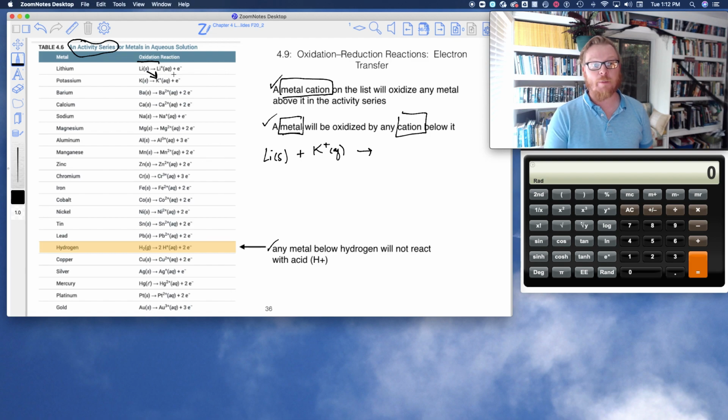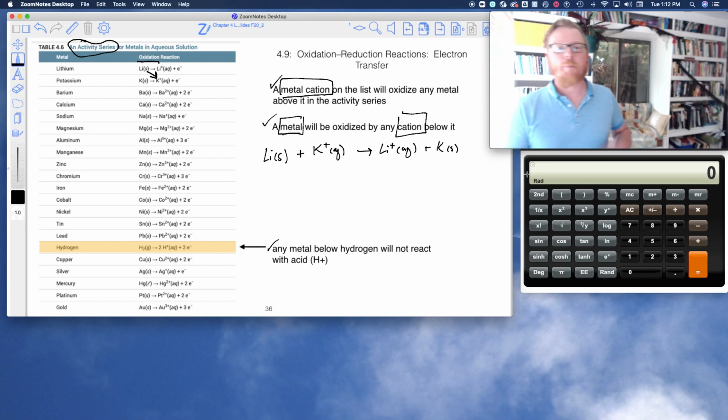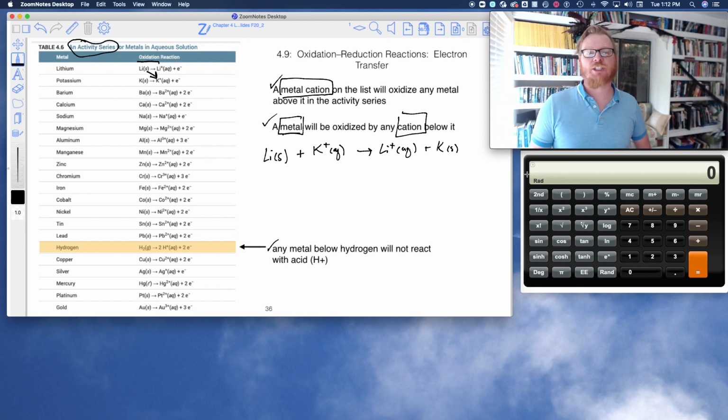And what's the reaction going to be? It's got to be Li+ aqueous plus potassium solid metal. But I could not write this reaction the other way.